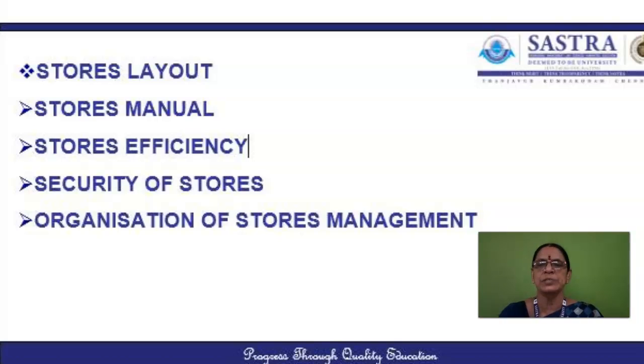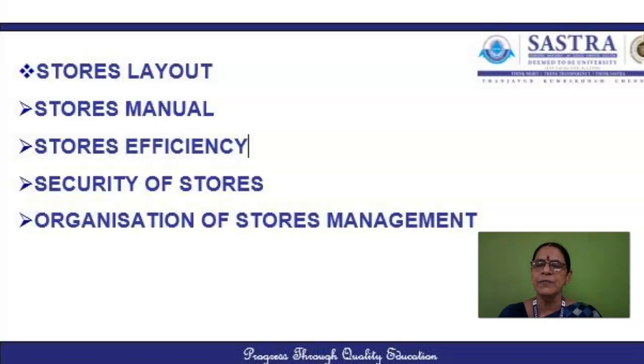Stores and purchase. The two functions of materials management, namely the stores and purchase, are complementary to each other. Apart from the close relationship that exists on a day-to-day basis in the purchase of various items of stores, there are some other important activities which can be done best by the close cooperation between the stores and the purchase.